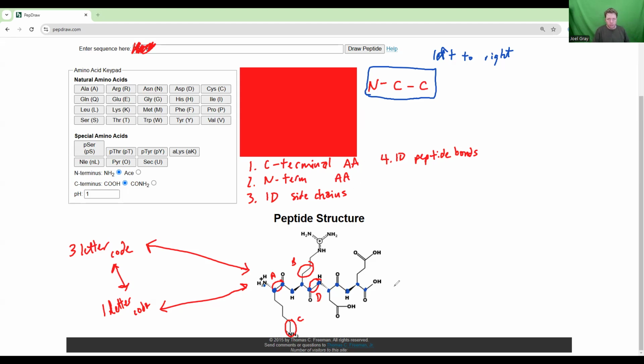Okay, so I'm going to put a star by the C-termini of my peptide. When I'm looking for my side chain, and whenever I look at any amino acid, first of all, the absolute end of my C-termini has my COOH. So that's this atom right here.